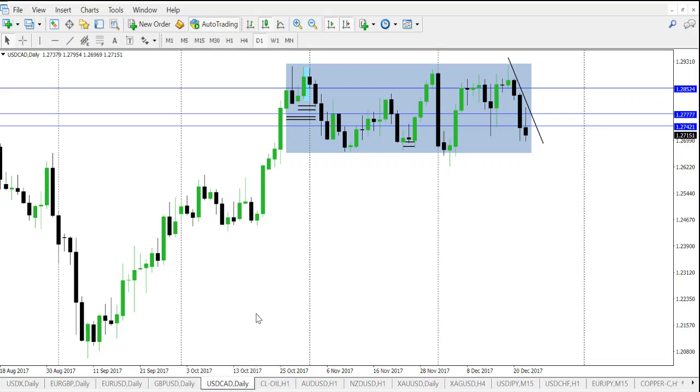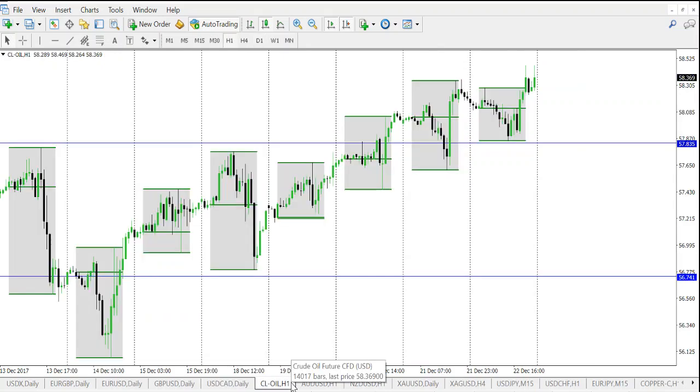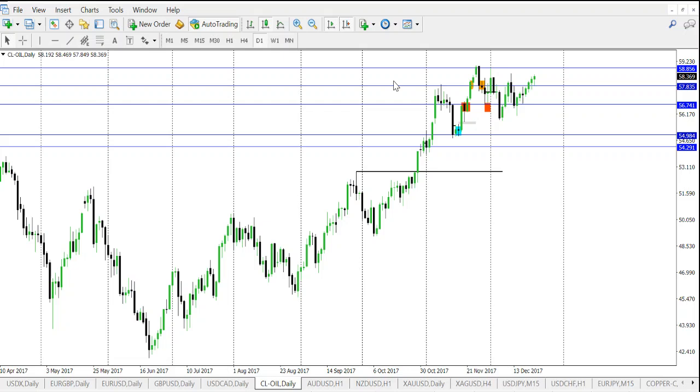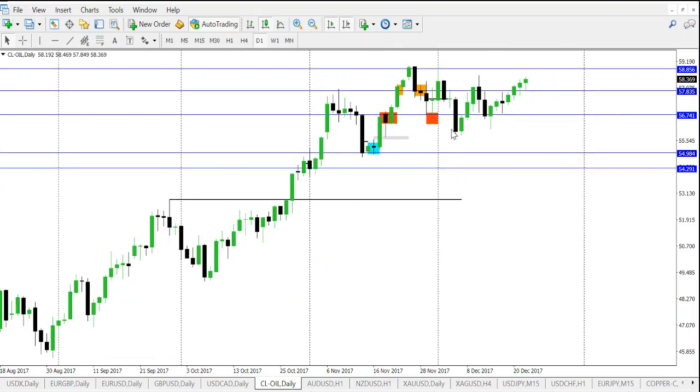Now, the tricky part with the USDCAD is that country's currency is actually heavily weighted to crude oil, because crude oil is one of the major exports of Canada. So it actually gets a lot of its currency strength or weakness based on what the price of crude oil is.